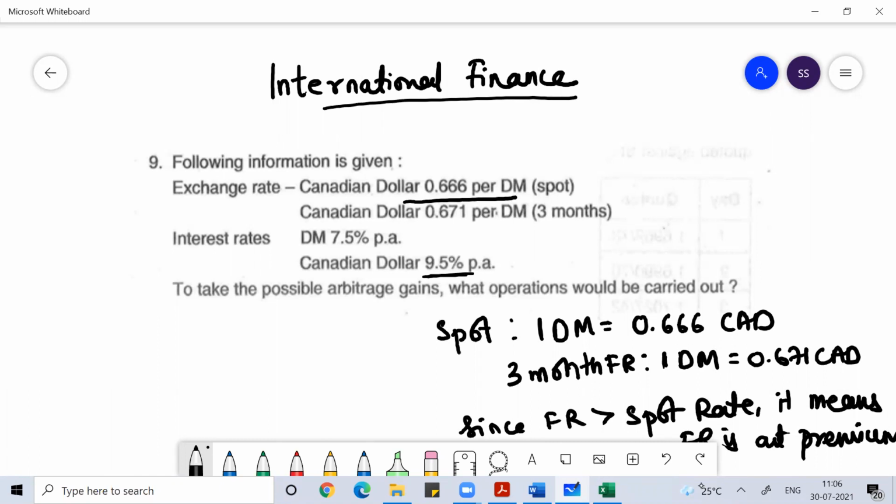If the forward rate differential percentage is not the same as the interest rate differential percentage, then definitely there's a possibility of arbitrage. To work on it, we'll see which way the arbitrage possibility will work, and based upon that we take the decision.